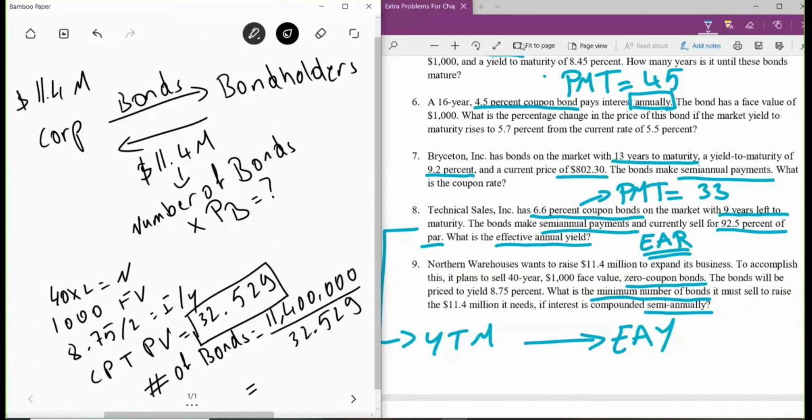So the number of bonds that needs to be issued by the firm is equal to 350,448, and this is the minimum number that needs to be issued in order to raise that 11.4 million.